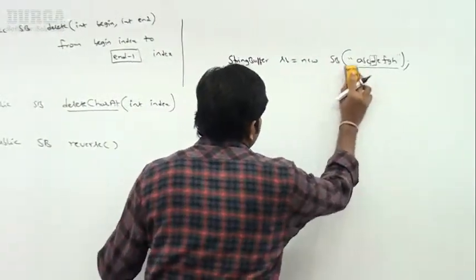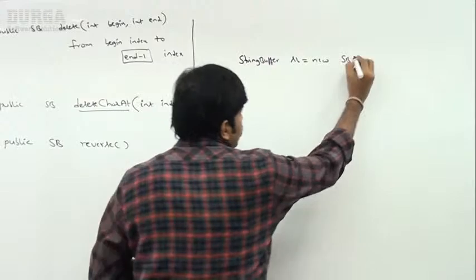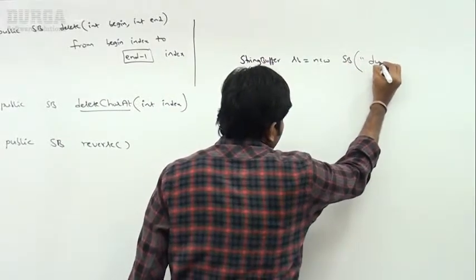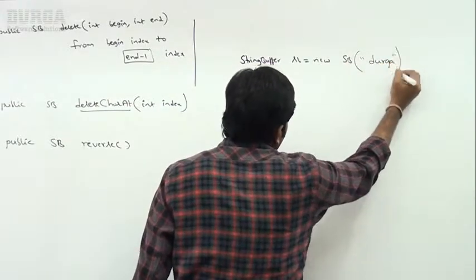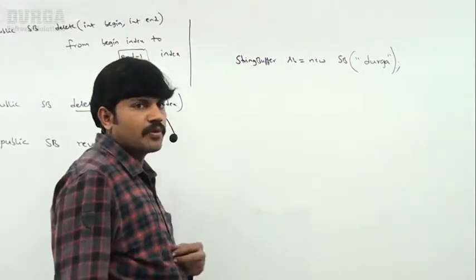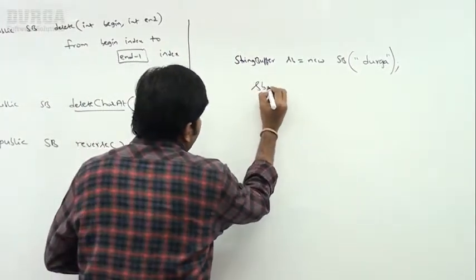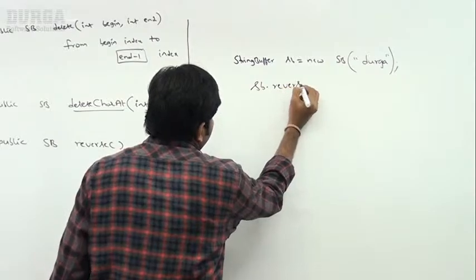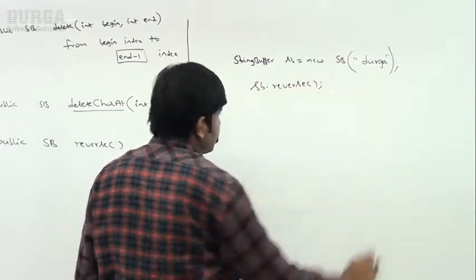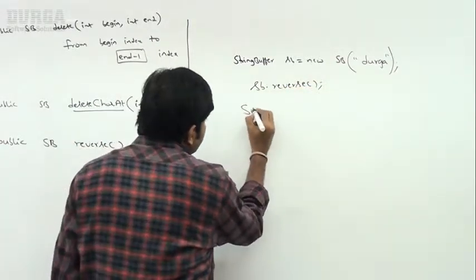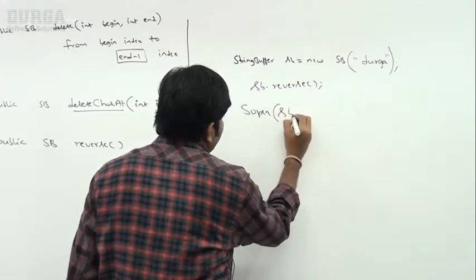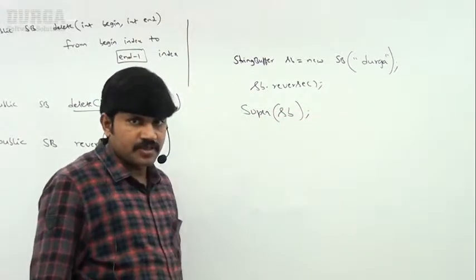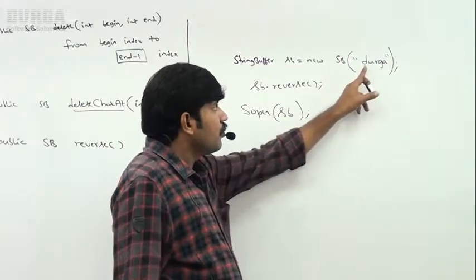Let me go for a small example, then you will be able to get it. StringBuffer sb = new StringBuffer("Durga"), then sb.reverse(). Now System.out.println(sb). What is the answer, sir?